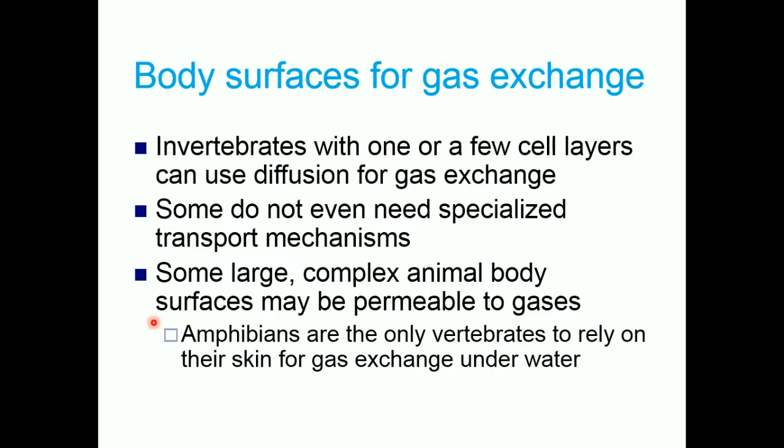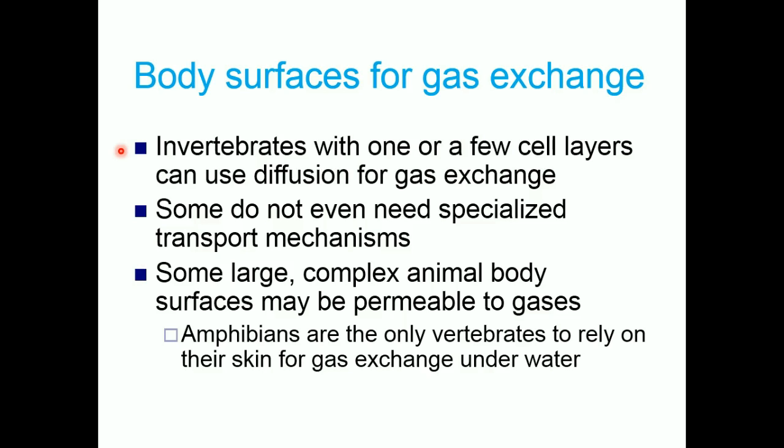All right, so as I said before, in some invertebrates such as flatworms, which are only a few cell layers thick, diffusion can take care of gas exchange. There's no need for a specialized transport mechanism or a specialized respiratory surface.